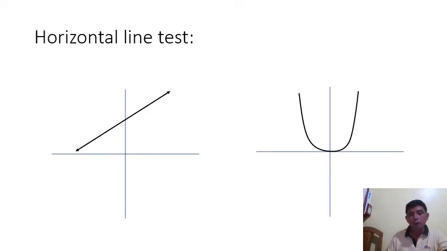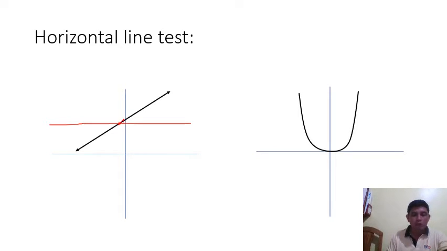Okay, so you look at this graph, we have here a linear function and a graph of a quadratic function. For the linear function, if we draw a horizontal line here, it intersects the graph only once.